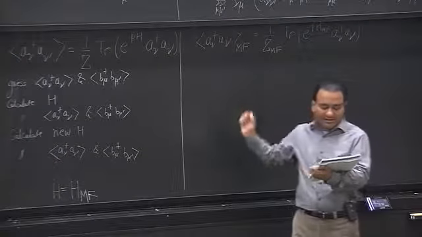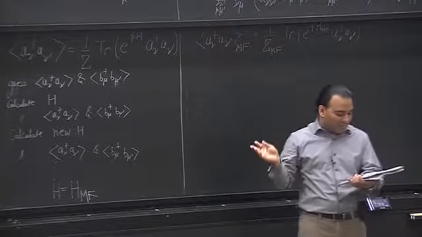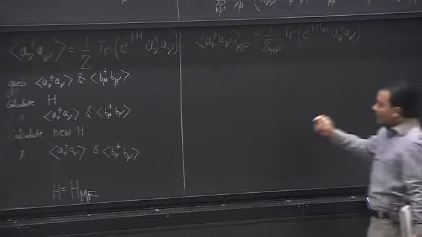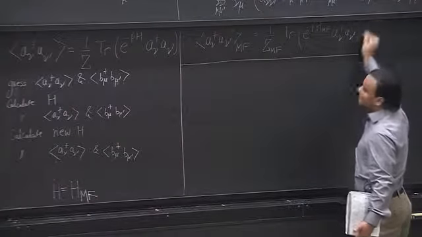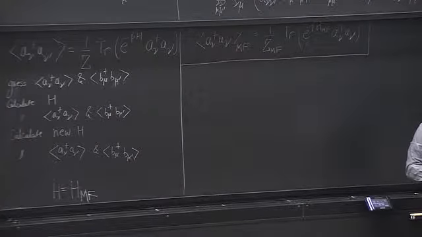You will have similar expressions for the B operators, and that's it. So that defines the mean field Hamiltonian. So the idea is just do it self-consistently.